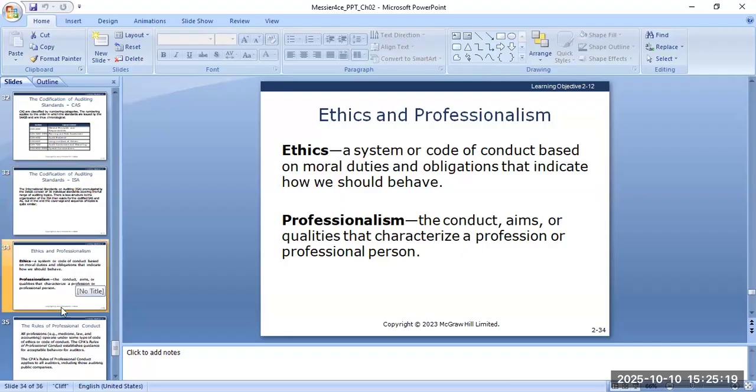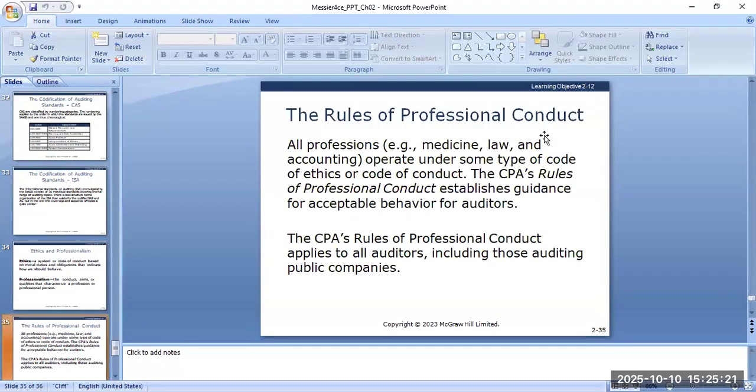Now, the rules of professional conduct say that professionals, regardless of whether they are in medicine, law, or accounting, operate under some type of code of ethics and code of conduct. We are all bound by those codes, which make it easy for the public to be assured that the people doing those activities maintain certain qualities.